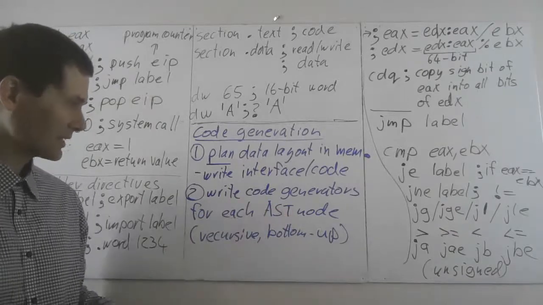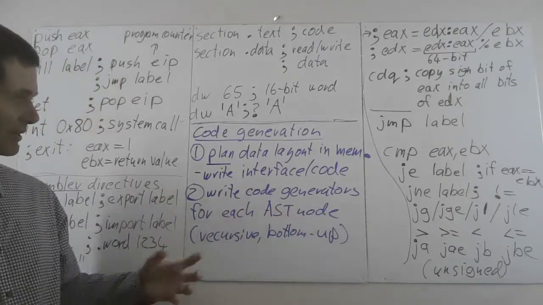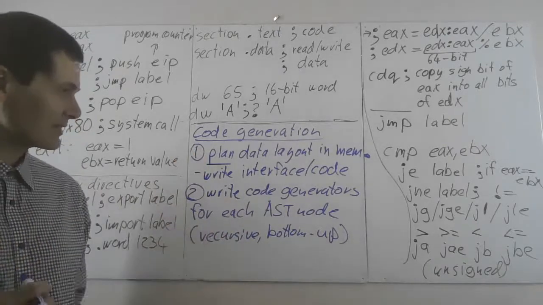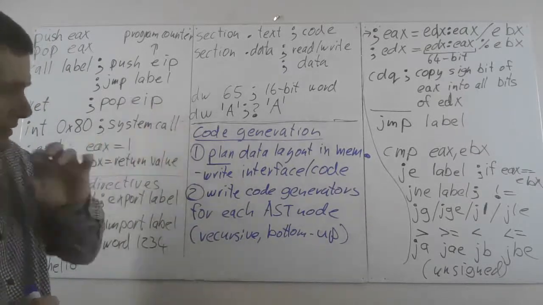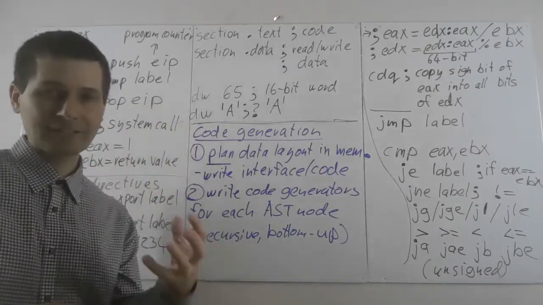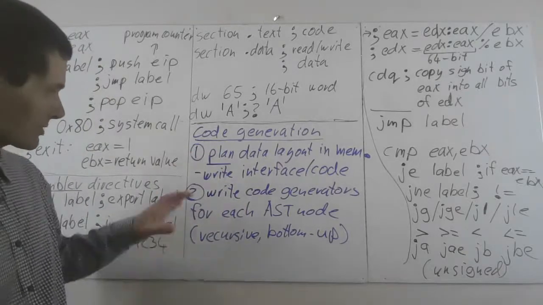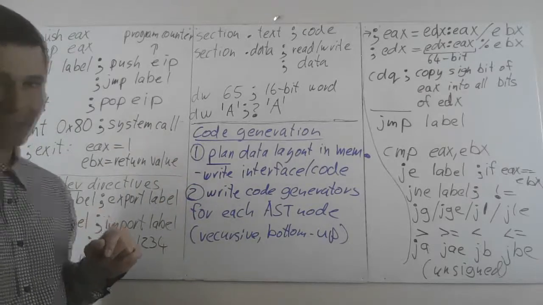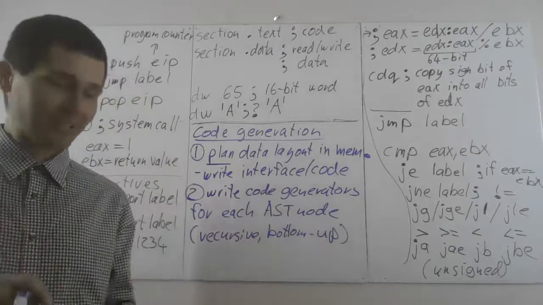About some of the templates, some of the bits of assembly language for the AST nodes. It feels like the exciting and fun part, but it's really the planning, the data layout, that's crucial to make this second part successful, right? To make all the AST nodes fit together and communicate with each other, and to make your group members communicate with each other.